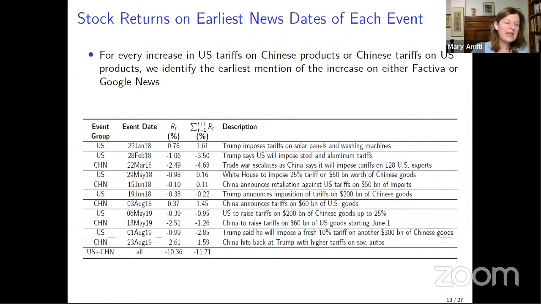So it's not the implementation date or the official announcement. It's when the market hears the news, and it's not just threats and tweets like 'I might do this' or 'I'm going to have imports on every single good.' It's a news announcement with some content.